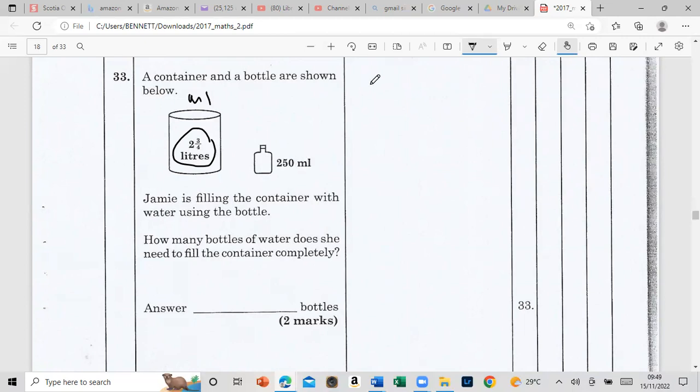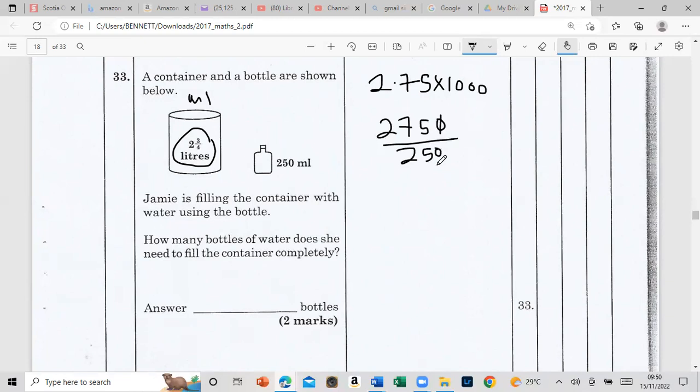So all we have to do is multiply 2.75 times 1,000. Alright, and that will give us 2750 milliliters. You guys would have done conversion in your class, right? So it's 2750, and we're dividing that by 250.